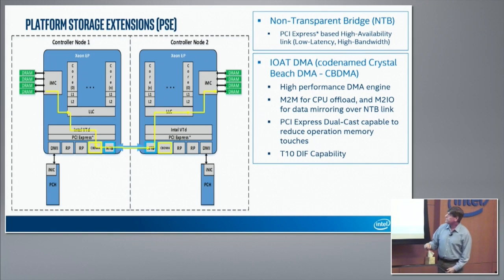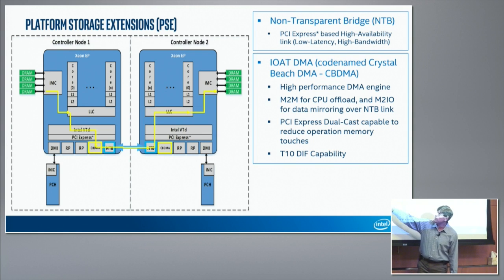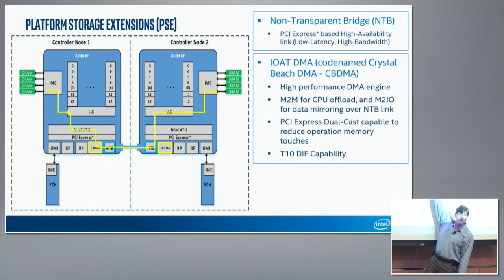The other thing that we have in our CBDMA is that we've integrated a capability called dual cast. When I set up a DMA descriptor for the CBDMA to move data from one memory region to another, I can set in the descriptor that I want it to be dual casted to a different address, which might be the MMIO region of this NTB that then gets translated over to here.